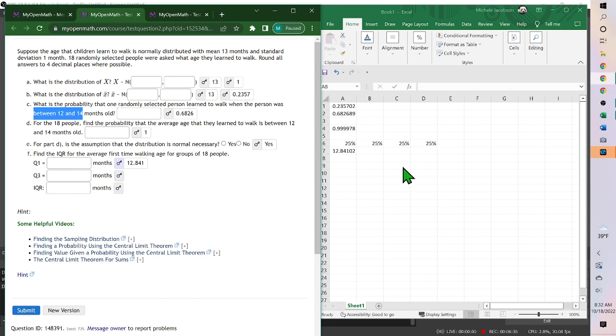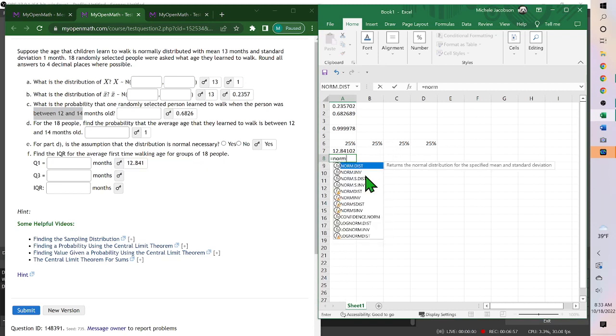Q3 is here, which means that 25, 50, 75% is below it. So when we find the value, we're going to use 75. So equals norm inverse, because we have the percent.